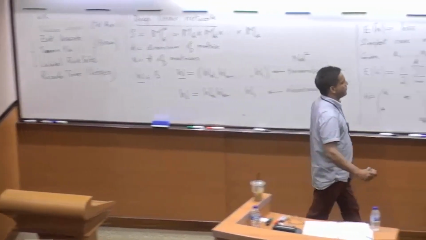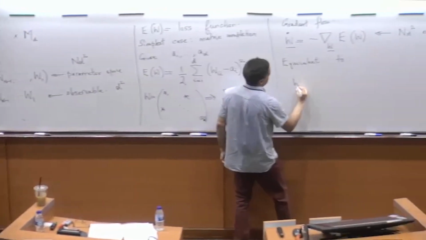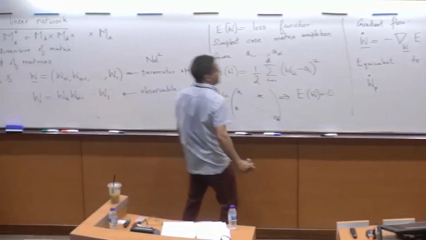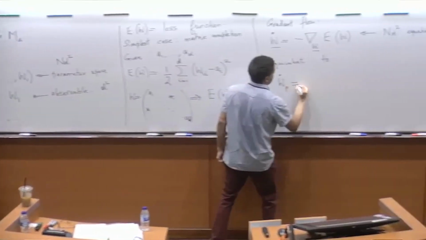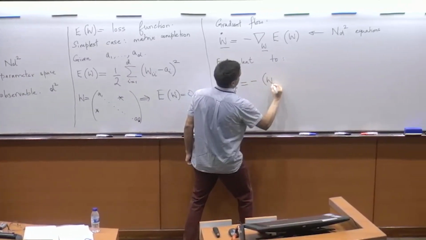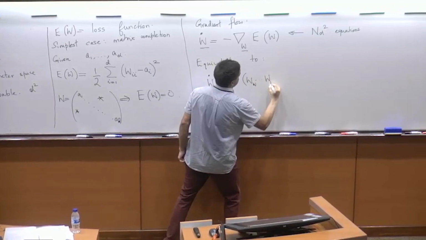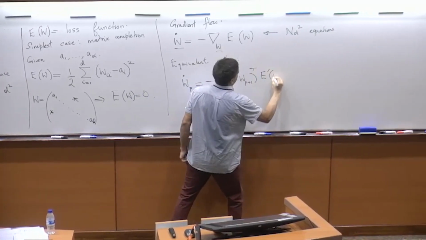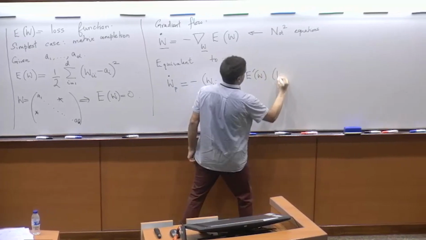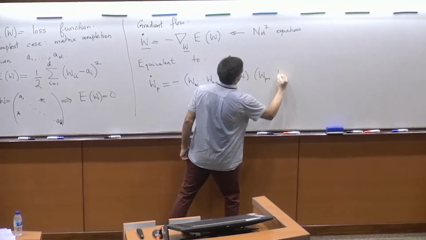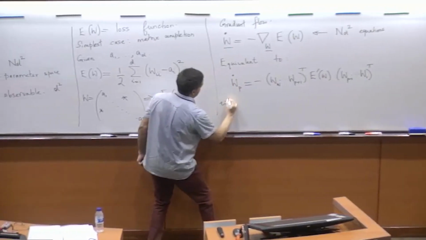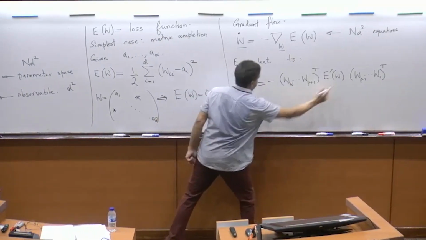And when you do these 3-4 lines of algebra, what you find out is that for each of these guys, the associated equation you get is, so this is just a computation, where this guy is a matrix.